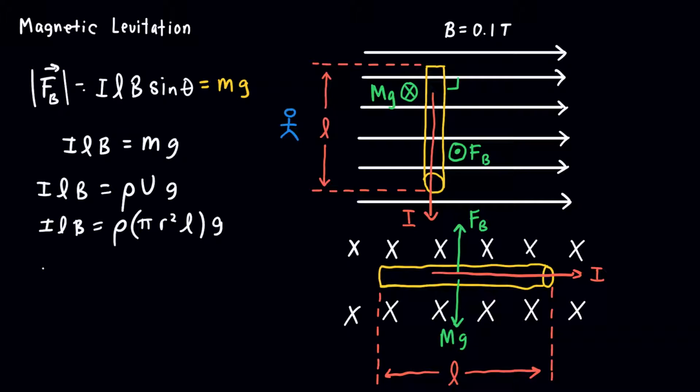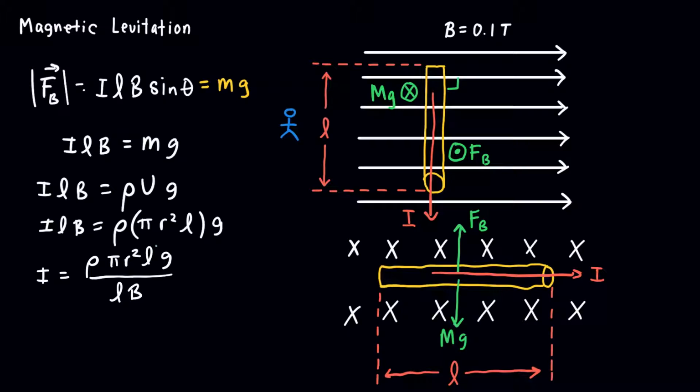Now let's solve this for the current. I equals the density times the volume times G, divided by the length of the wire, divided by the strength of the magnetic field.